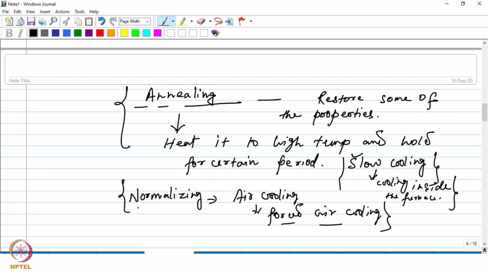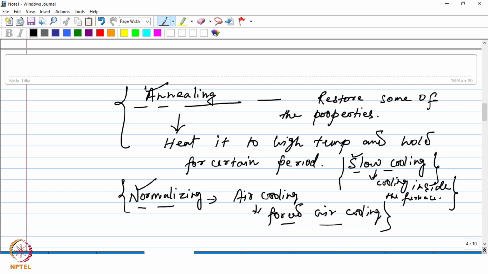If you do that, the process would be known as normalizing, and it will give you a very different kind of microstructure altogether compared to what you would get from annealing, and therefore the properties can also differ significantly when you normalize the material instead of annealing it. Okay, so you need to take care of the cooling rate while doing the annealing process.